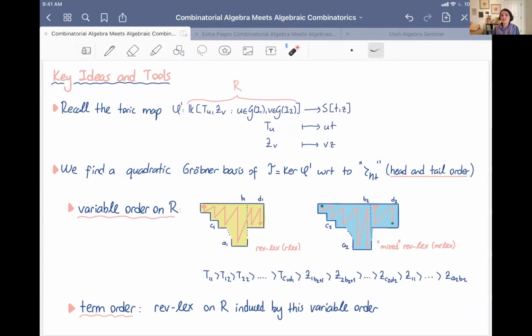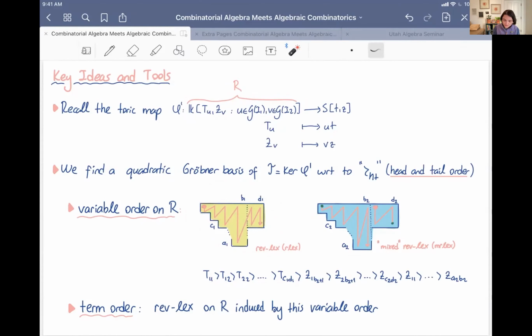Our monomial order is what we named head and tail order. These diagrams that we have were useful to come up with that term order. First we order the variables of this polynomial ring by using the diagrams. We order the T variables that are coming from here using the revlex order. So we start at T11, and then we go to T12, T22, and then we continue in that pattern. So this is the revlex order.